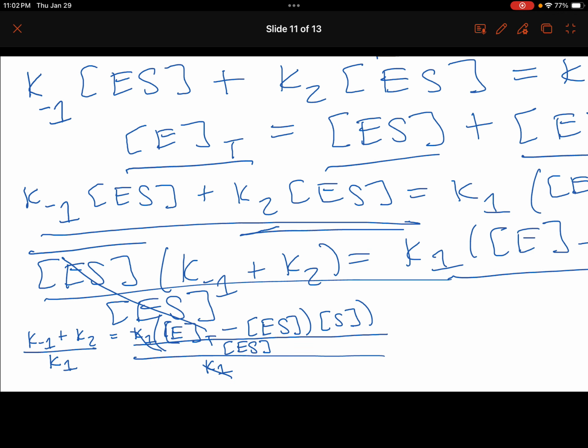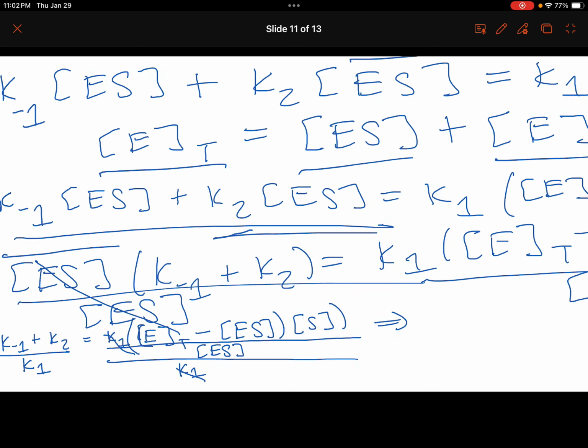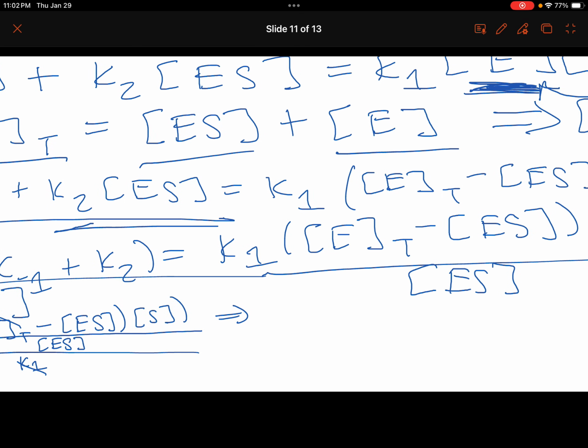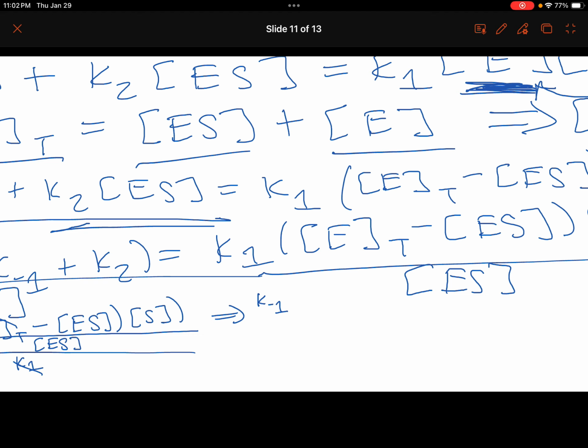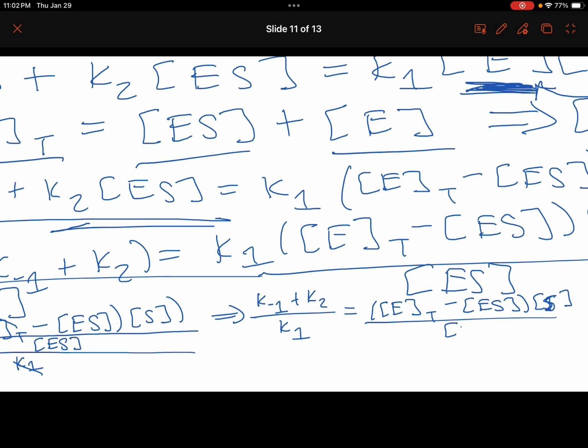And so then we have, make sure you're paying attention to your parentheses, that's S over the ES concentration.